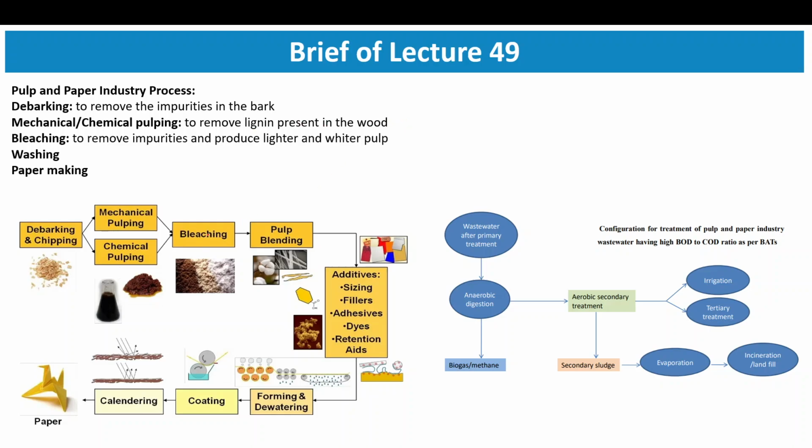But the lignin is very difficult to remove. So after this step also, the pulp which is formed has high impurities and high amounts of lignin, which is dark brown in color.